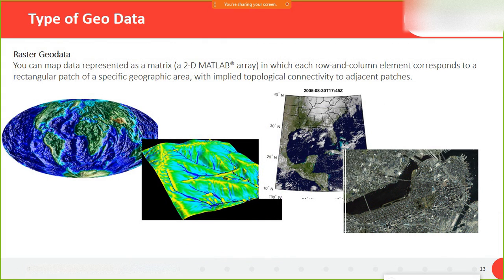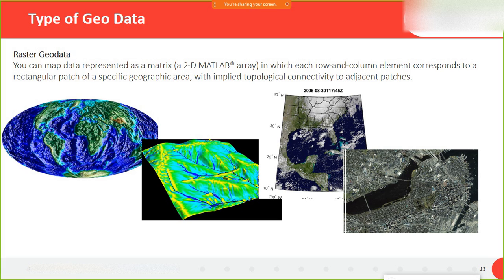Second is raster data. Again, there are two types. Basically the data in raster data is in the form of a matrix. So there are two inputs in raster data. One is a matrix of images or a matrix of topographic data, and the other is a reference. A reference can be projected or unprojected.